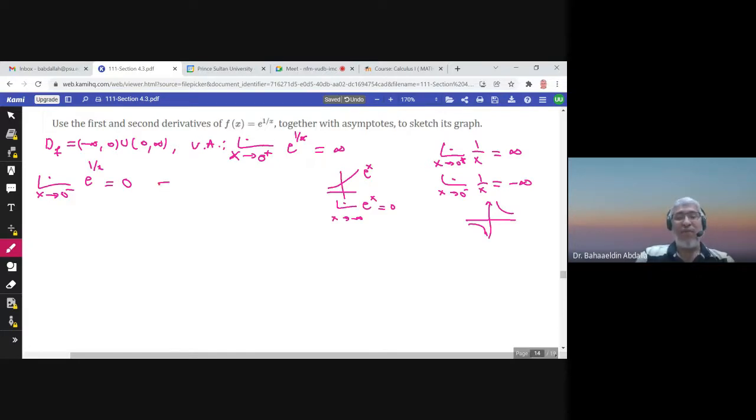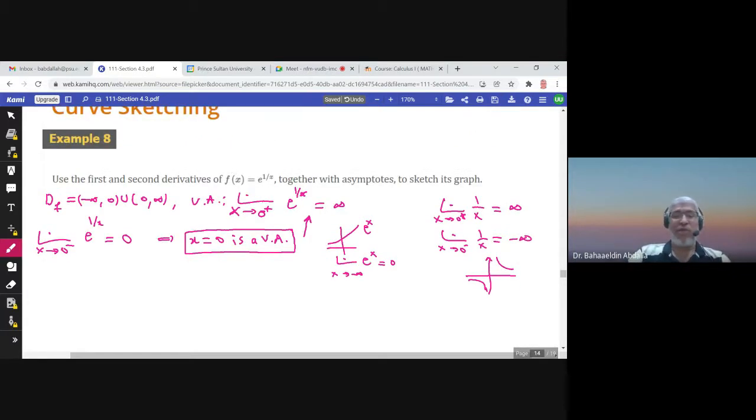So from the right, x equals 0 is a vertical asymptote, not from the left, because this is the definition of the vertical asymptote.